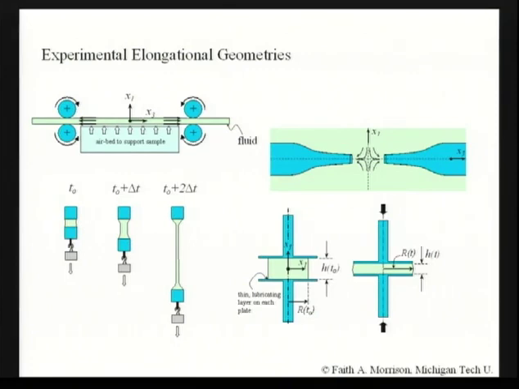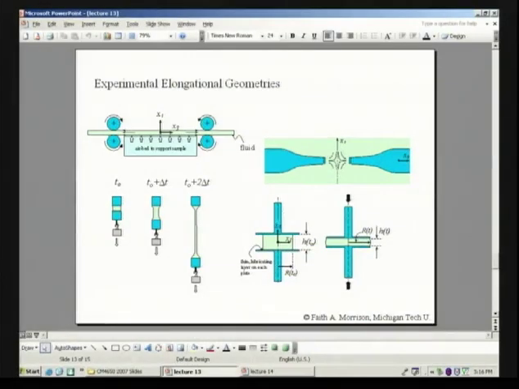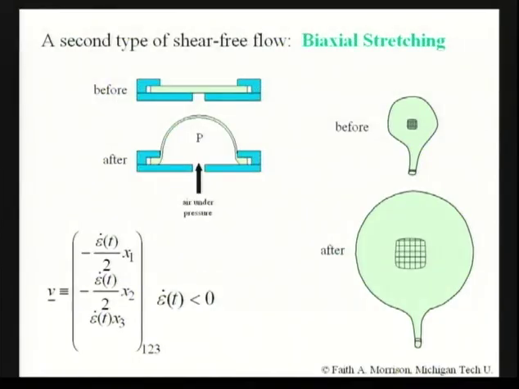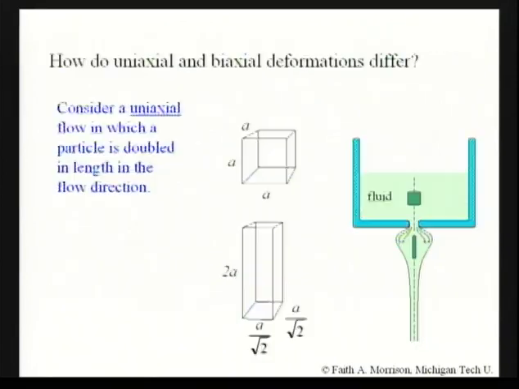It starts with a sample of a certain size, and it compresses a little bit, which means that it extends it biaxially, and it compresses in the 3rd direction. The idea behind these flows is they're just defined. It's up to the designer of the equipment to make them happen. And then we're going to define various things to measure for these flows.